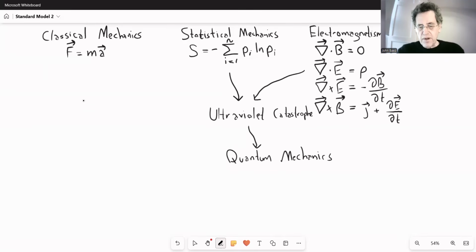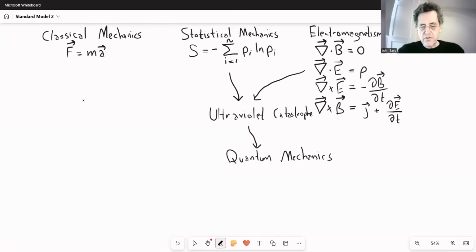Planck didn't really know what he was doing, actually, and Einstein came along later and really clarified the situation by taking these packets of energy seriously, and he called them quanta, which means packet or unit, and that was the beginning, one of the beginnings of quantum mechanics.